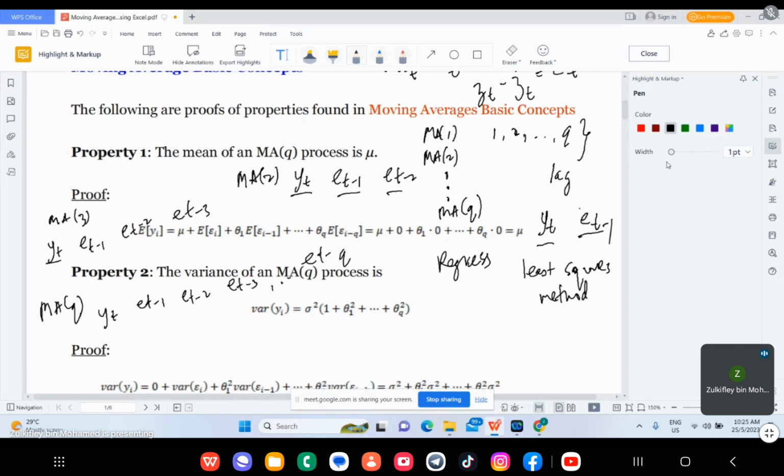Kalau awak ingat konsep regression, saya pergi balik kepada konsep regression.